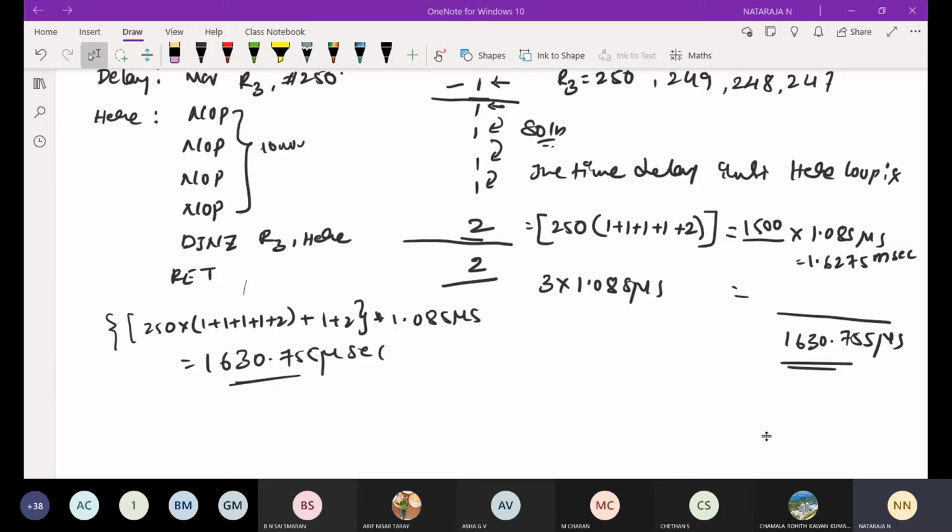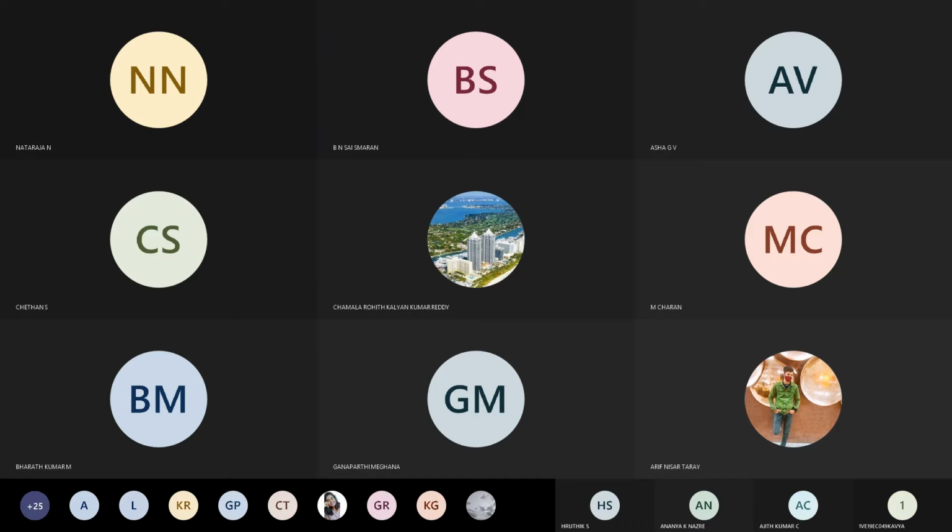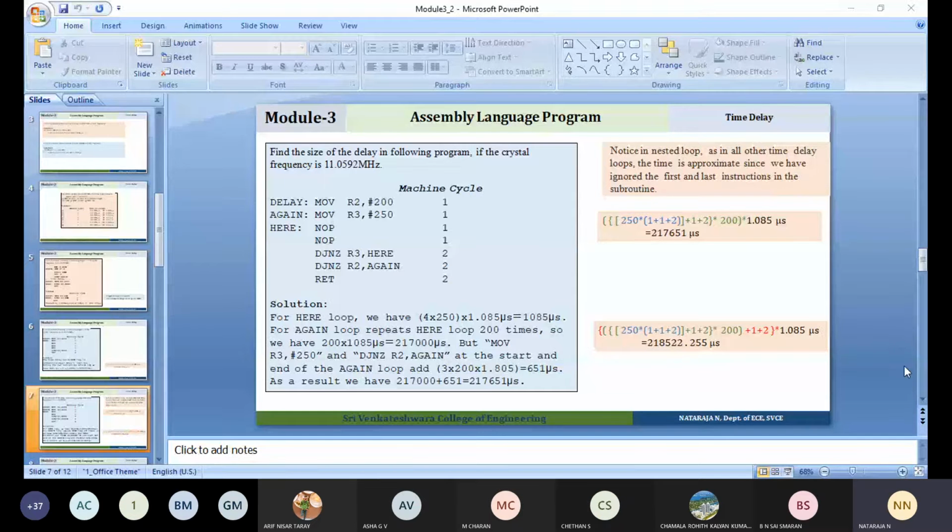Okay, can you try this problem? Is it visible? Yes, sir. Find the size of the delay in the following program, if the crystal frequency is 11.0592 megahertz. This is the program.